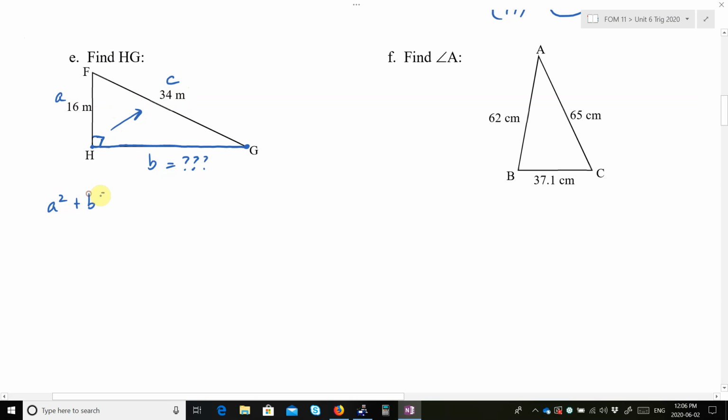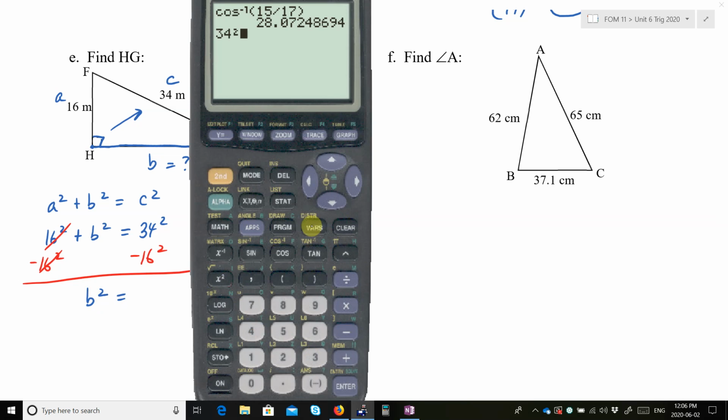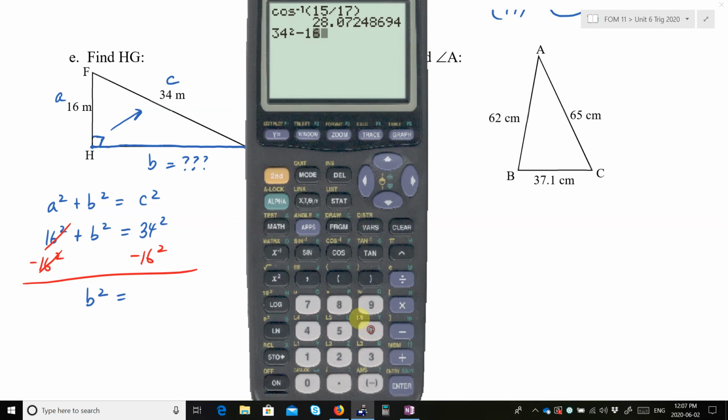So A squared plus B squared equals C squared. And we have 16 squared plus B squared equals 34 squared. We have to get B squared by itself. We're adding 16 squared to it, so subtract 16 squared from both sides. And we've got positive B squared equals, let's work that out, 34 squared minus 16 squared. And we get 900.